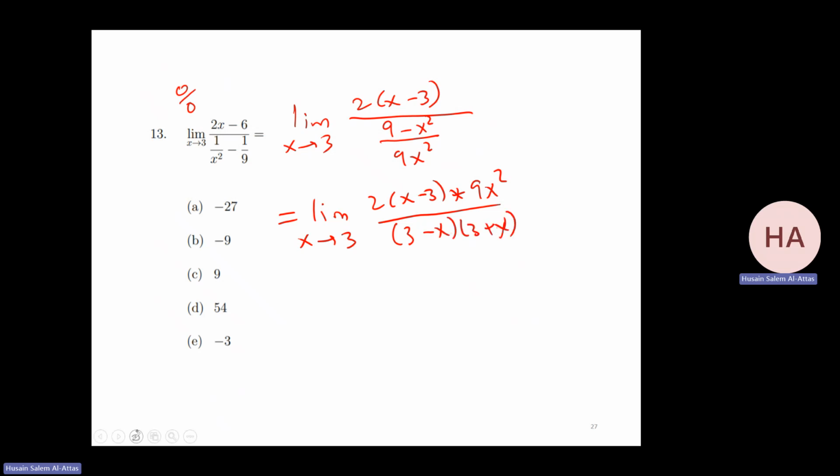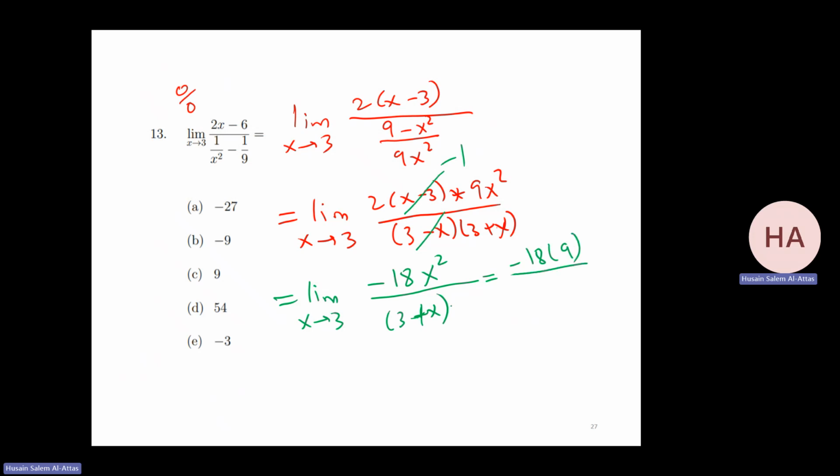Be careful here when you do the calculation. If I cancel this with this, I'm getting what? Minus 1. So that will be the limit as x goes to 3 of minus 18x squared over 3 plus x. Now I can substitute. So I have minus 18 times 9 over 3 plus 3, which is 6. Okay, this is 1, this is minus 3. So I have minus 27. That would be the answer.